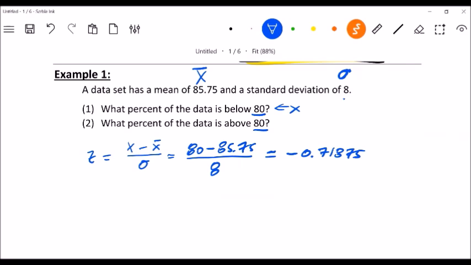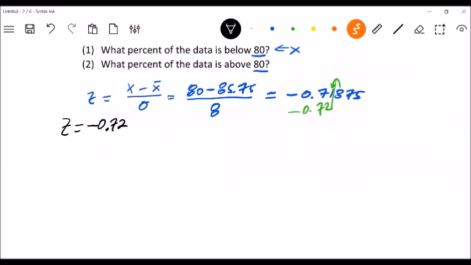Remember, we only need 2 decimal places. So that means the 8 can change the 1 into a 2, negative 0.72. So my z-score here, z is equal to negative 0.72.